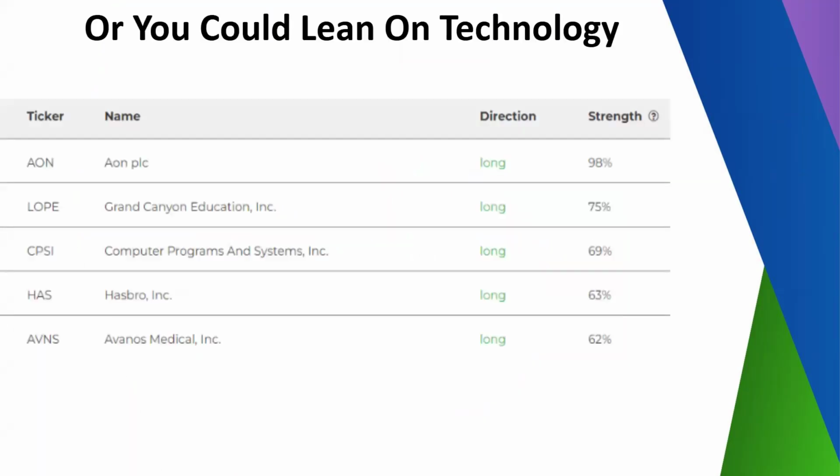When I talk about the easy button, I talk about leaning on the power of technology, where with one click of a mouse button, you get the markets that you should be focusing on. They give you the highest odds, the highest chance of success in the markets, where you get the symbol, the directional bias, whether it should be long or short, as well as the strength ID for that particular market.